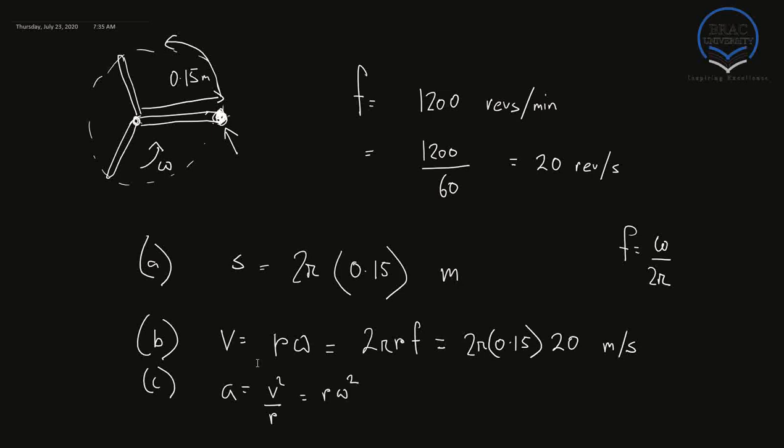Of course, we have omega equal to 2 pi f, and we do have f, so probably that's the quickest way to get there. So this is just r times 2 pi f squared, which is 0.15 times 2 pi into 20 square, and the units are meter per second square.